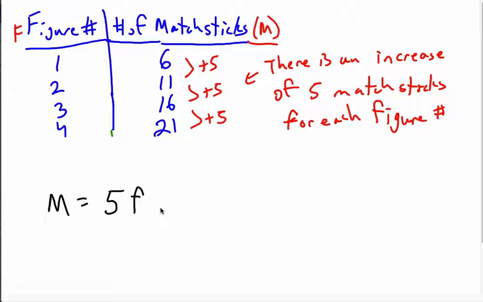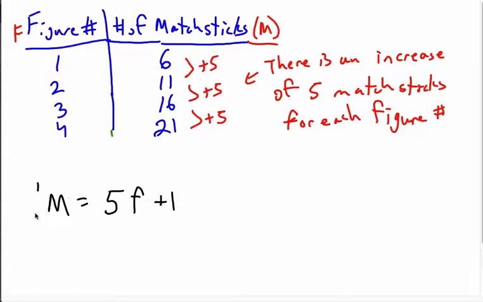And then we got to figure out what do we add or subtract to get these numbers here. So if you do 5 times 1, you get 5, and then we have to increase by 1 in order to get 6. Okay, we got 5 times 2, we get 10, we have to increase by 1 to get 11.